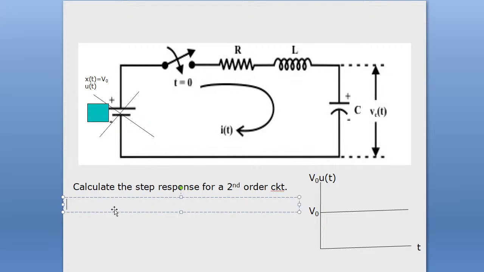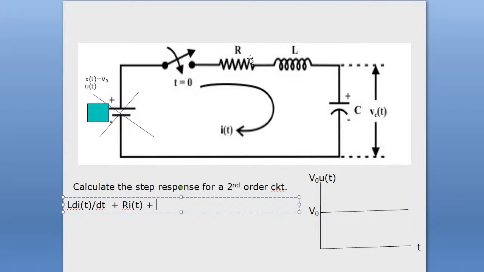We can write L di of t by dt plus R i of t, plus the voltage drop across each component.